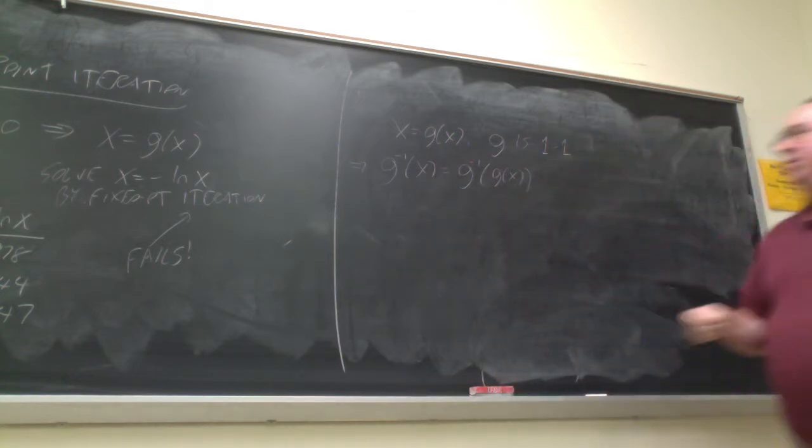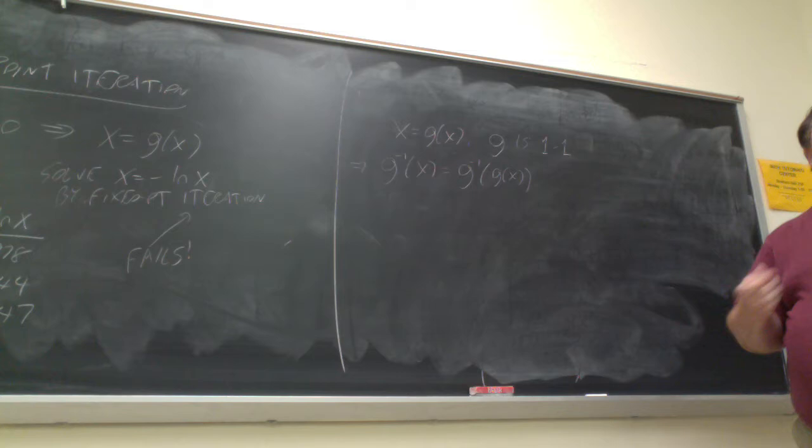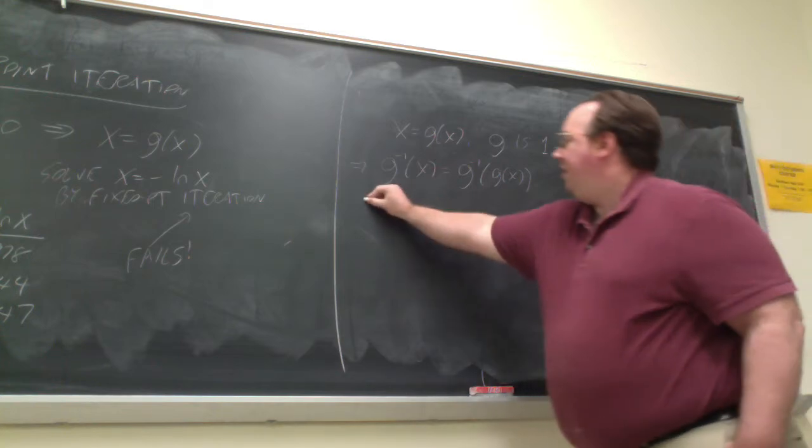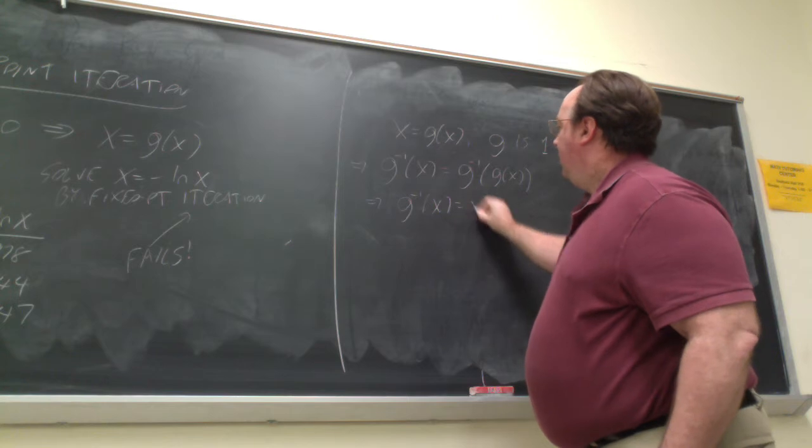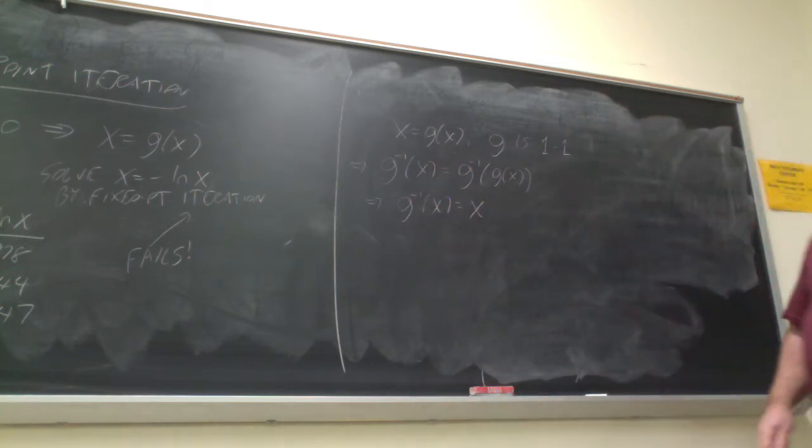And g inverse of g will cancel out and give you x. So now you have a new equation. If x is equal to g of x, then x is also equal to g inverse of x. So if g of x failed, maybe g inverse of x will succeed.